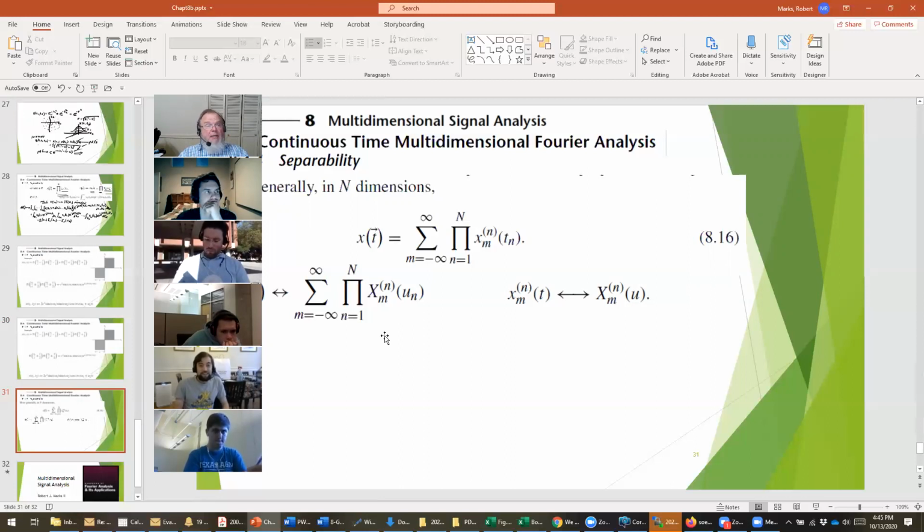Then what we are going to get into is we're going to apply our work in multidimensional Fourier analysis to, first of all, multidimensional Fourier series, multidimensional sampling. We will look at reconstruction of images through tomographic projections. You've all heard of CT scans where you take projections of a person in a number of different directions.